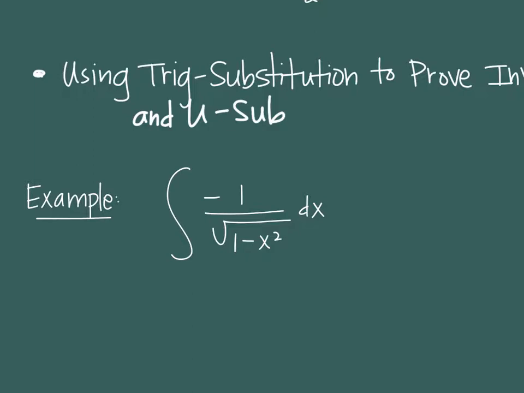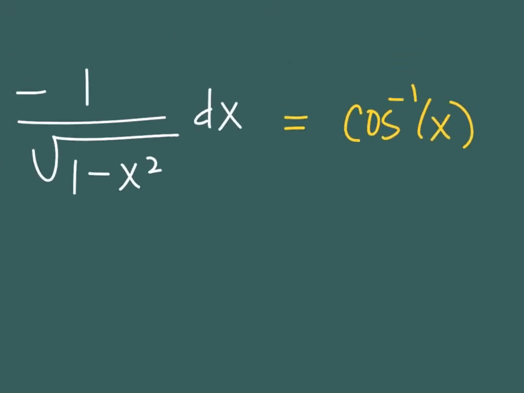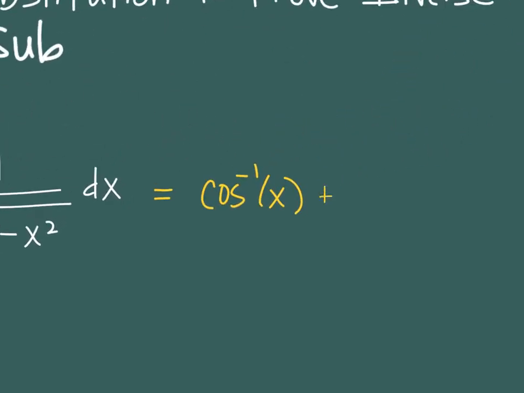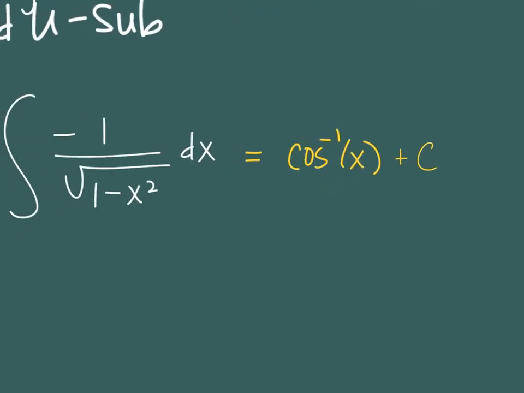Close. Inverse cosine, okay? We know that the answer to this should be the inverse cosine of x plus c. You only know that because at one point I told you that's what it was, and you've memorized it. At that point, you didn't know enough about integrals yet to be able to understand a proof, but now you do.